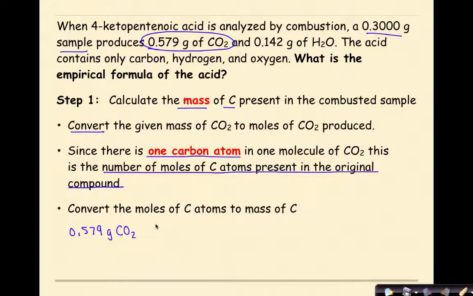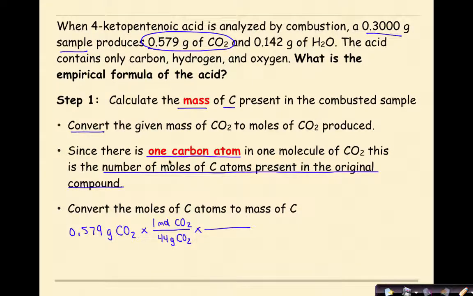And then we follow the AP Chem mantra, convert to moles. So we're going to go from grams of carbon dioxide to moles of carbon dioxide. So 1 mole of CO2. And I know that the gram formula mass of carbon dioxide is 44 grams of CO2. Okay, so I converted from grams to moles of CO2, and that is our first bullet here.